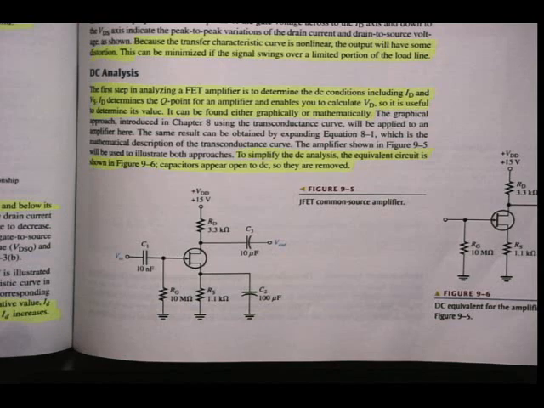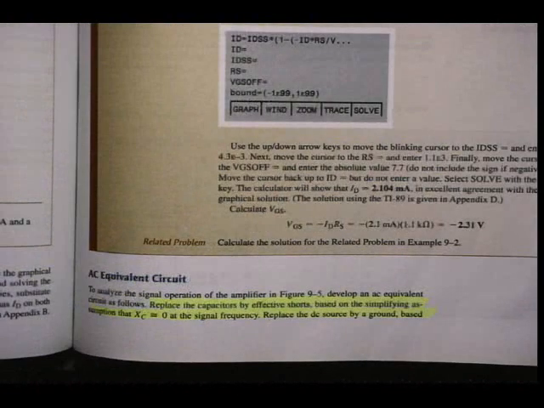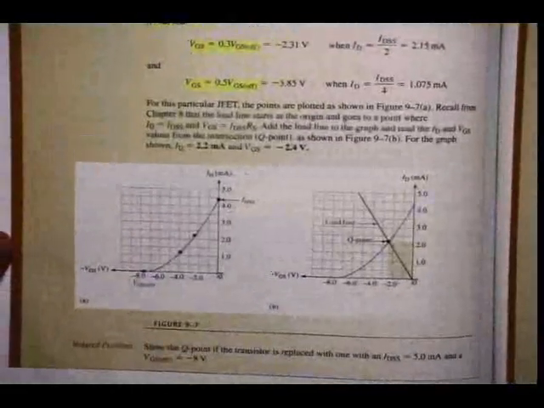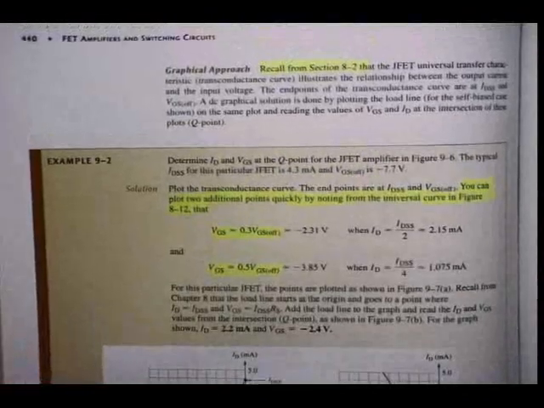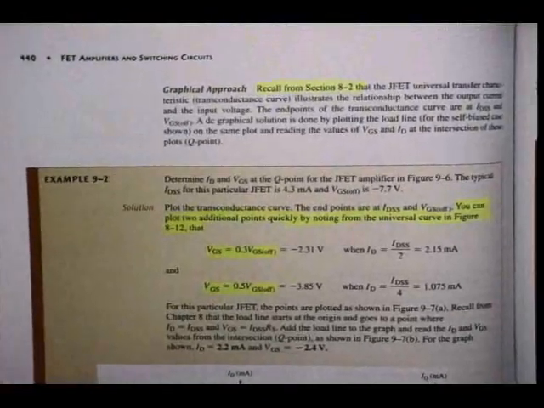Alright, as we've seen, the capacitors then are removed. Graphical approach, I'm not going to do it again. Remember, it was in the previous chapter, as you can see on top of page 440 there.